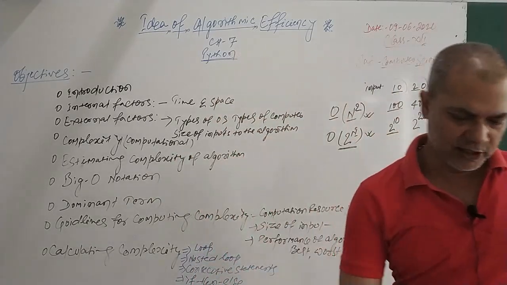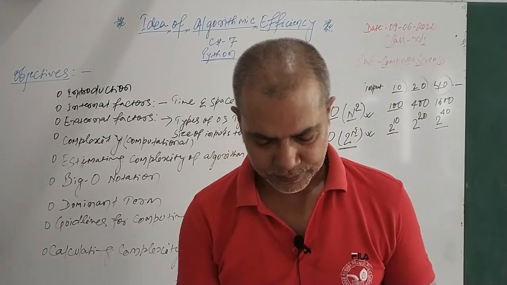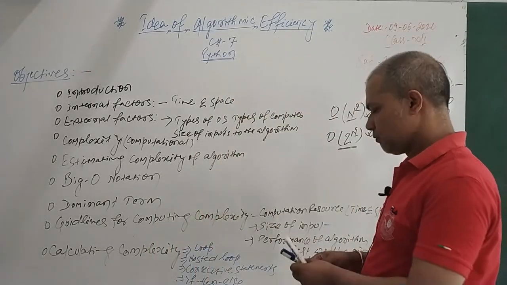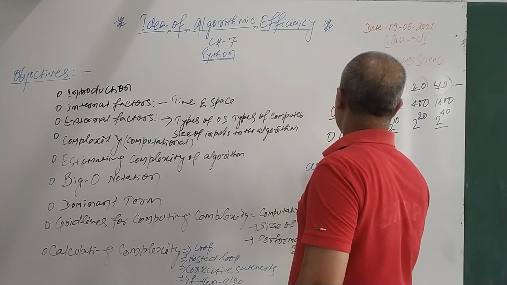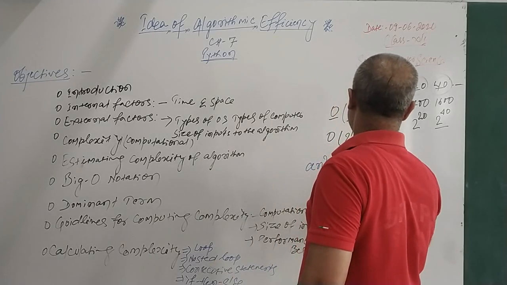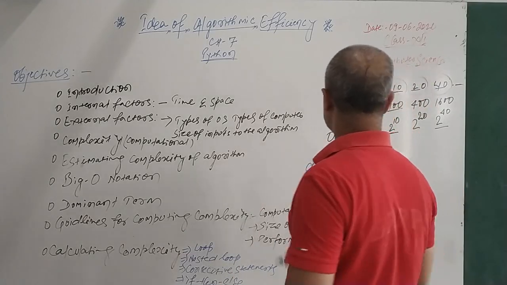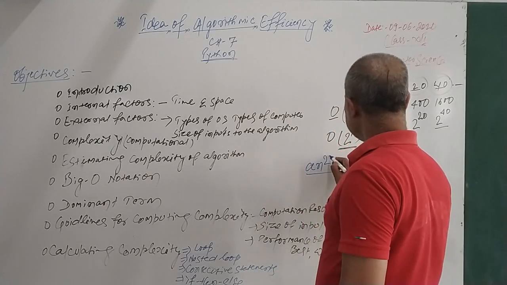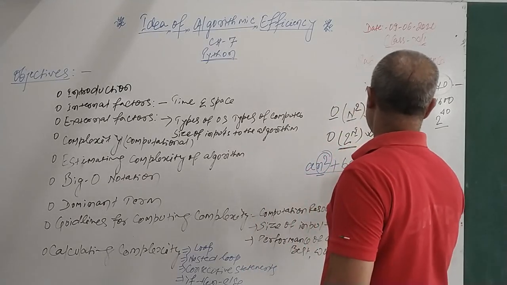Now, to understand the dominant term, suppose there is an expression a n square plus bn plus c, for example, as a big O notation. As you can see, n square is the biggest term in this.